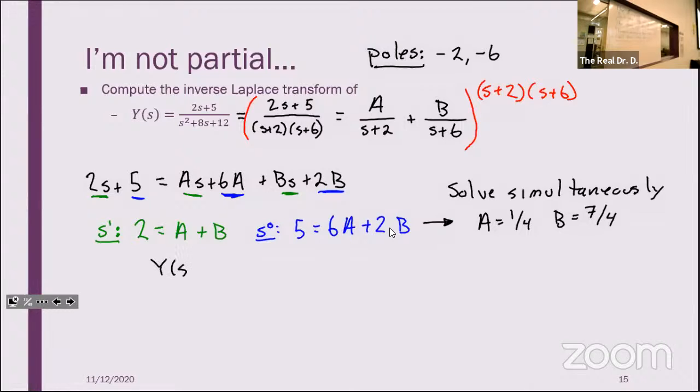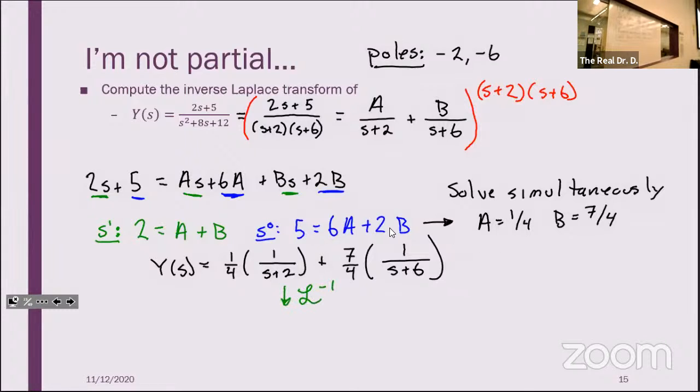So Y of s is equal to 1/4 times 1 over s plus 2 plus 7/4 times 1 over s plus 6. I'll just write it underneath here. So by the inverse Laplace transform of this, y of t is what?